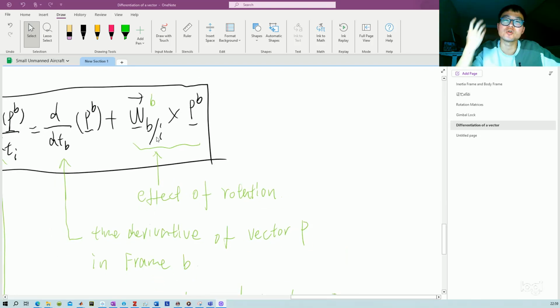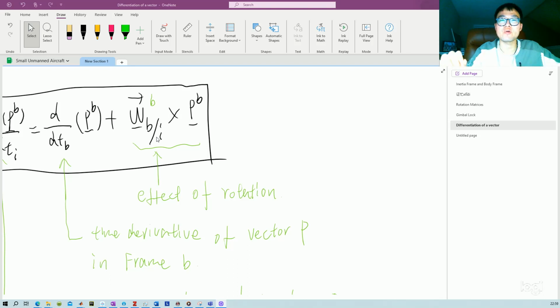So in terms of rotation, we always need to talk about A with respect to B, or you have to have some reference. In this case, the reference is the inertia frame I, and the rotating frame is the body frame B, while the rotating speed of the frame is omega.